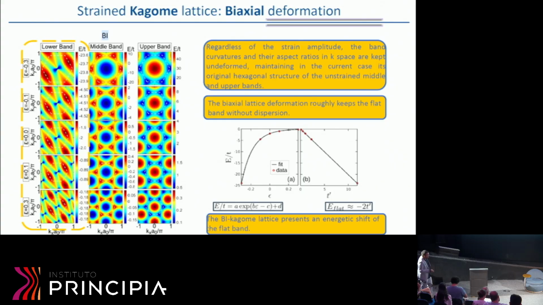To understand that, we fit it, and since our hopping has an exponential dependence, here you also get an exponential dependence. When we plot the energy as a function of the hopping, we get the very conventional energy for the flat band: 2 minus 2t, but replacing t with t prime.